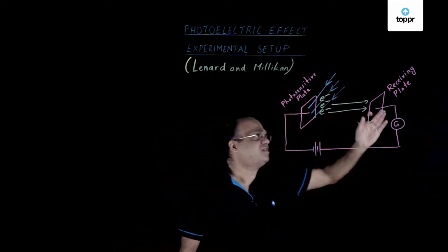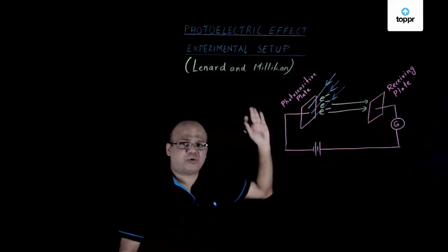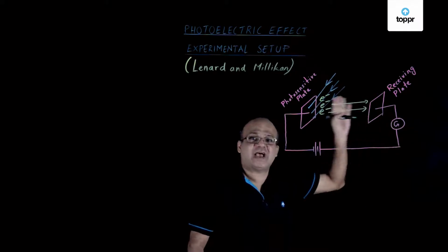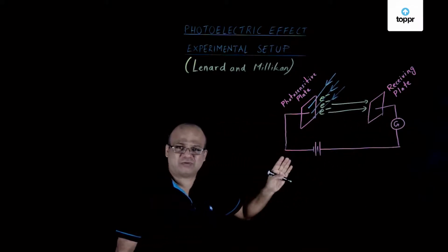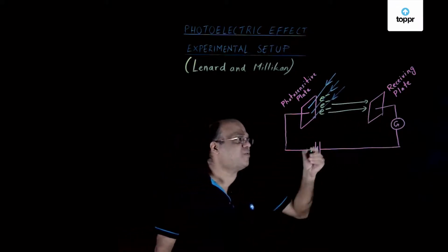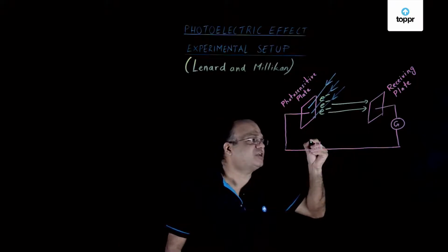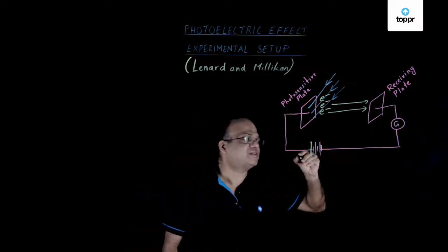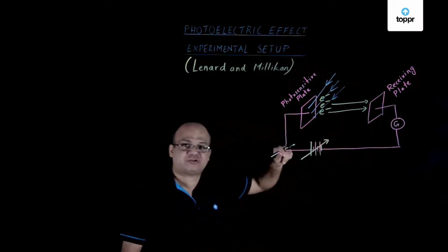Even if we keep the receiving plate at zero potential, some high energy electrons will reach the receiving plate and current will not be zero. Now, suppose we make the potential of the receiving plate more and more negative. We can adjust the potential of this battery with the help of a rheostat.